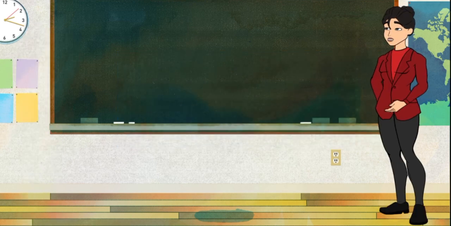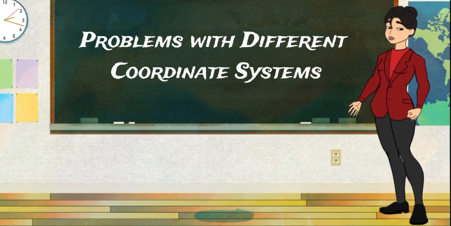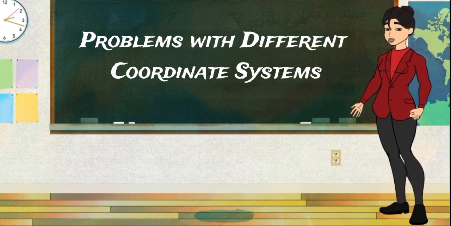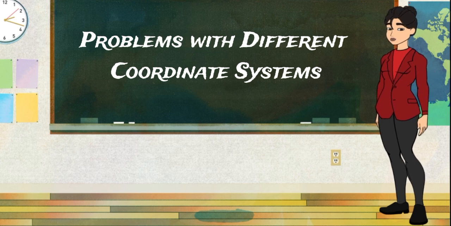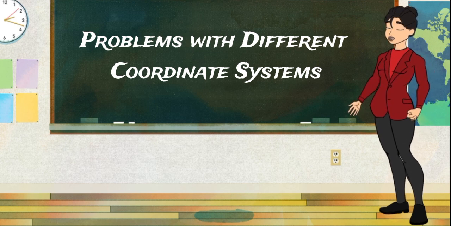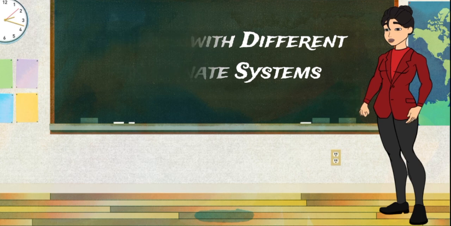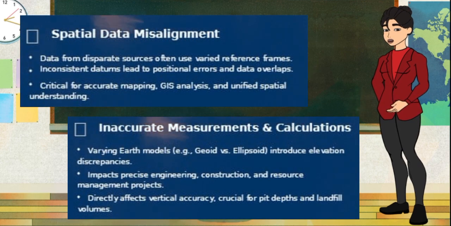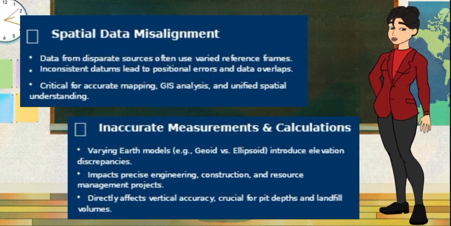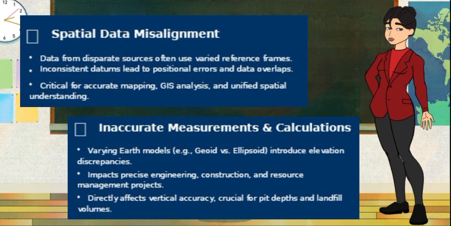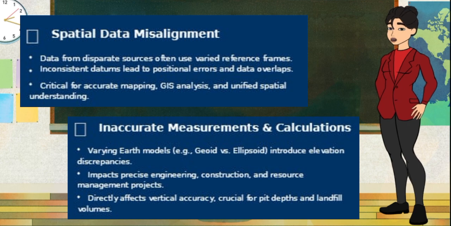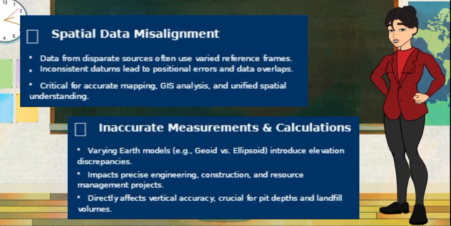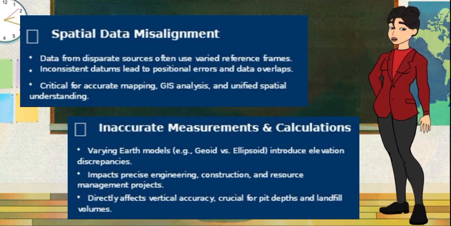So now we're gonna discuss the problems with different coordinate systems, or iba-iba nga coordinate system. Using multiple coordinate systems can lead to spatial data misalignment and positional errors. Differences in datums or Earth's models, the geoid or the ellipsoid, can cause elevation discrepancy and inaccurate measurements.